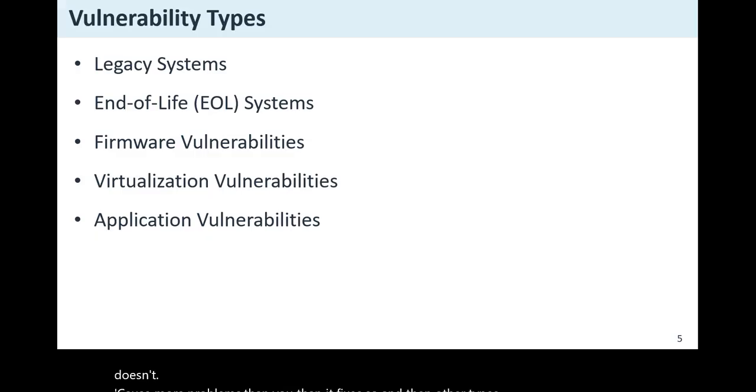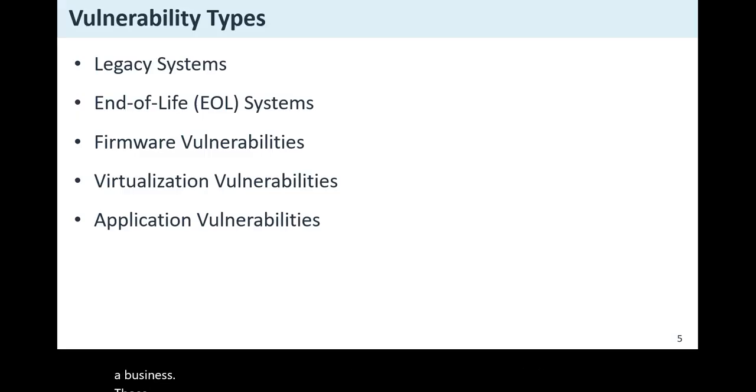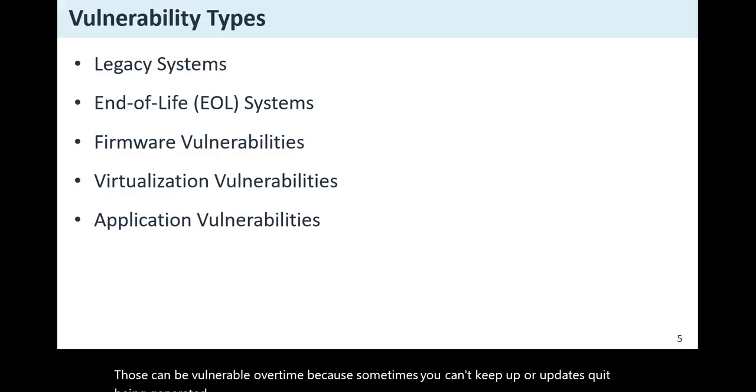Legacy systems are systems that were purpose-built at one point in the life cycle of a business. Those can become vulnerable over time because sometimes you can't keep up, or updates quit being generated, especially if it's an end-of-life system, where the manufacturer or developer has ended support. There may never be any more updates, and you can just imagine the implications of that.